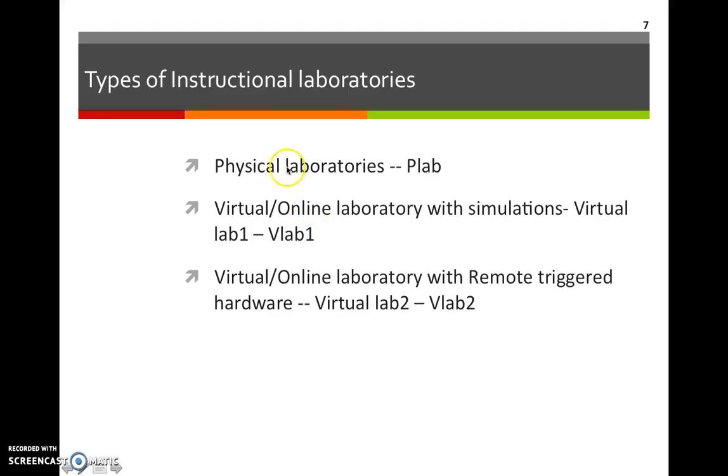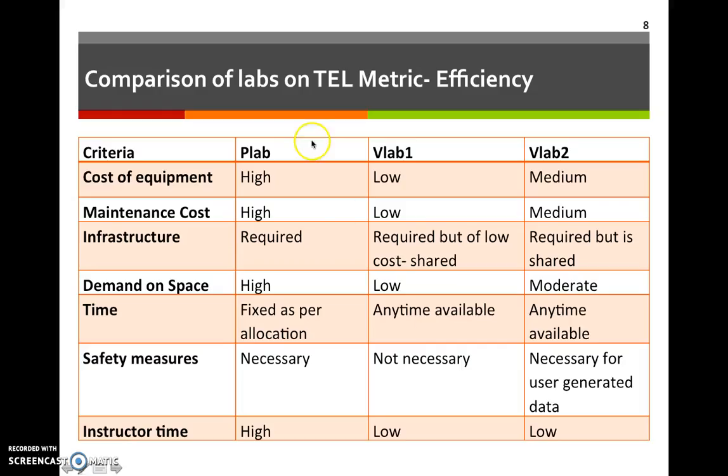These laboratories are classified into the physical laboratories, the virtual laboratory or online laboratory with simulations, which we call VLab 1, and the virtual laboratory with remote triggered hardware, which we call VLab 2. Now when we compare these 3 labs, that is P-Lab, VLab 1 and VLab 2, based on the metric of efficiency, these are the parameters that we considered: cost of equipment, maintenance cost, infrastructure, demand on space, demand on time, safety measures and the instructor time.